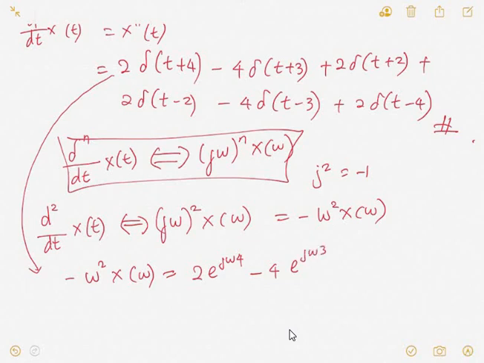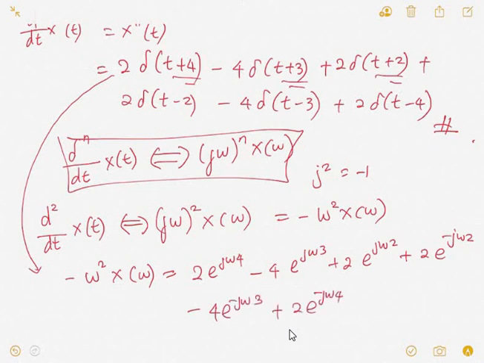You see that the plus 4 is j omega 4, plus 3 is j omega 3, plus 2 is j omega 2. So you have 2 exponent j omega 2, plus 2 exponent minus j omega 2, minus 4 exponent minus j omega 3, plus 2 exponent minus j omega 4.